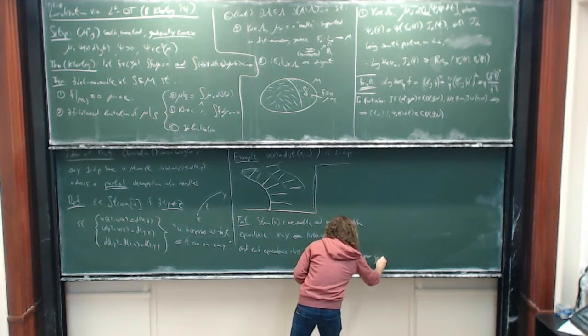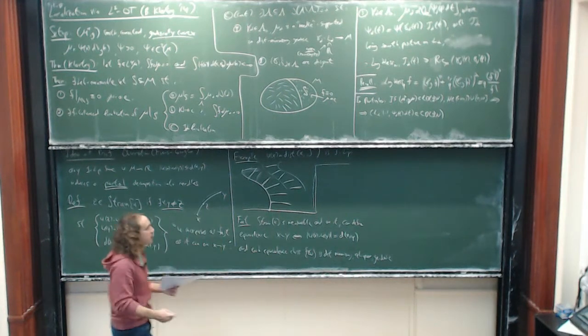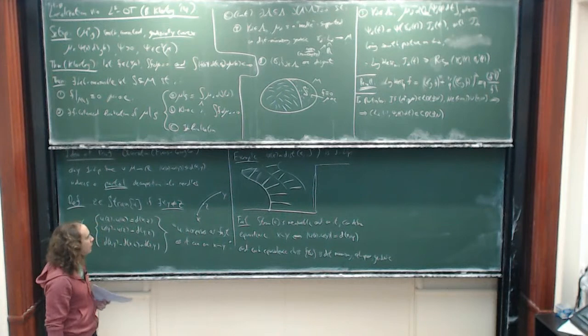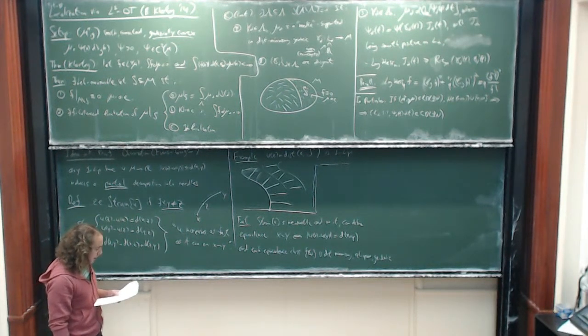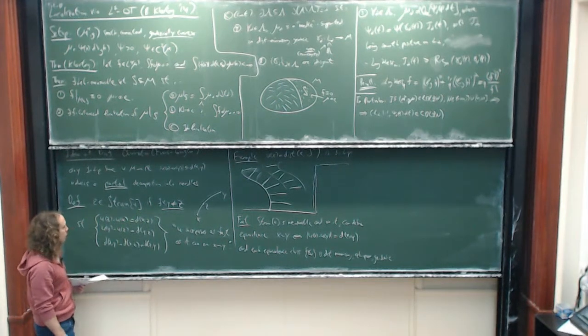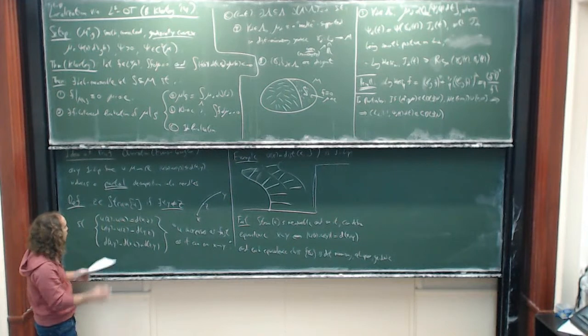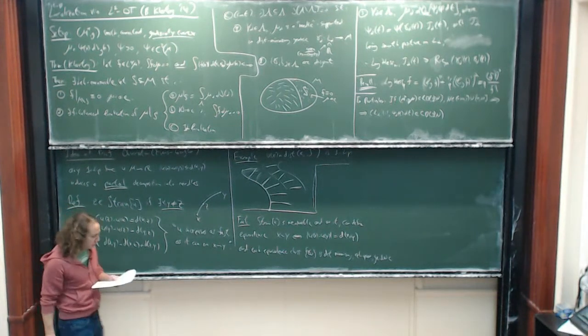So this is basically an exercise. It's obvious from the picture. But at least it gives us a very nice way to do this needle decomposition, at least on part of the space, if you start with a one-Lipschitz function.